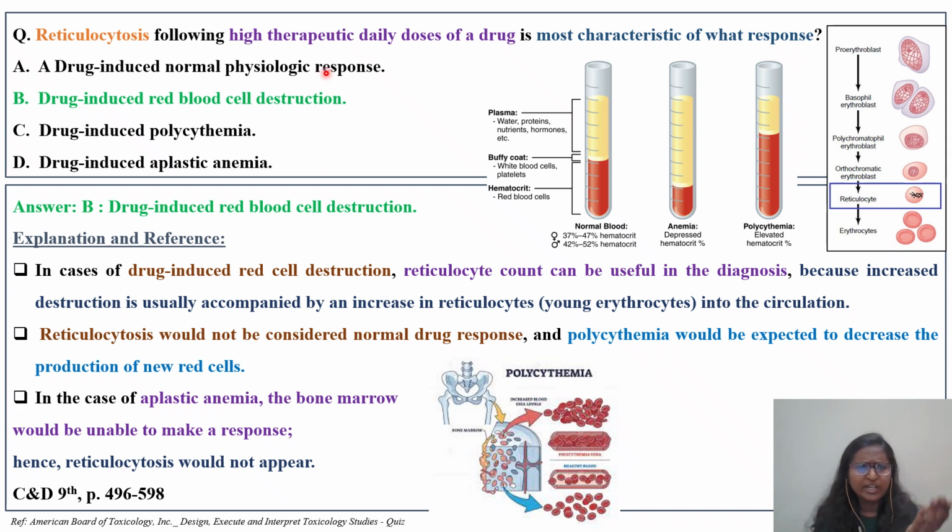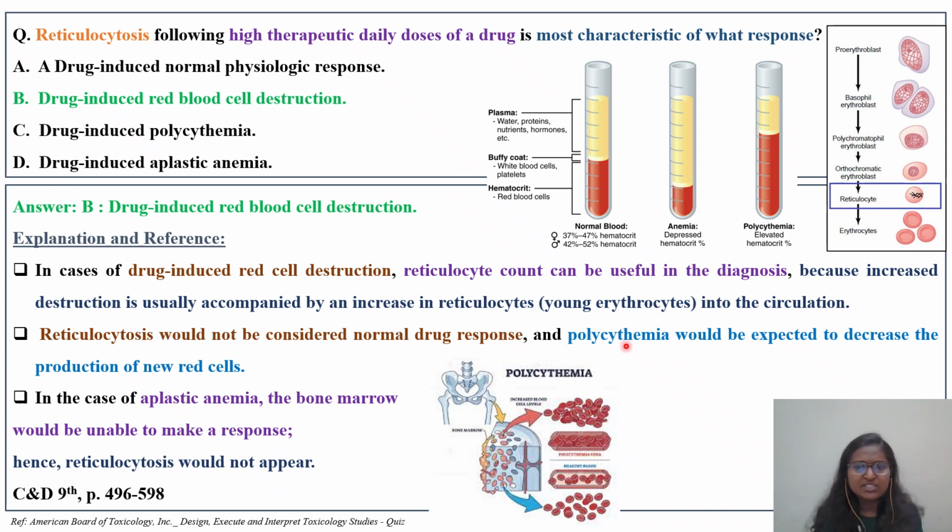Let us understand why the other three options are not correct, the further explanation given by the ABT, and the different types of anemia. In drug-induced red cell destruction, reticulocytosis would not be considered a normal drug response. If you give a certain drug, generally reticulocytosis should not happen. If it is happening, that is a trigger point.